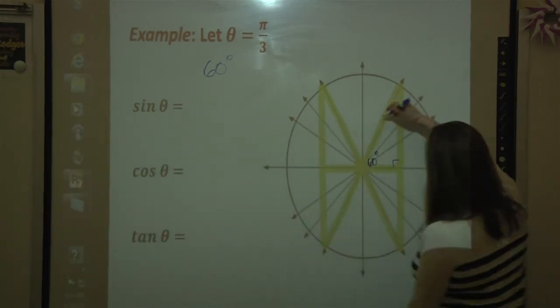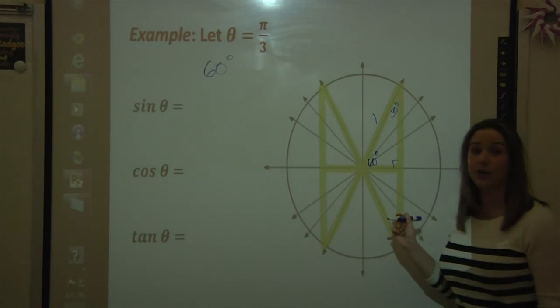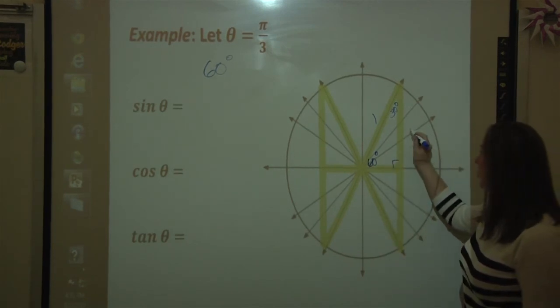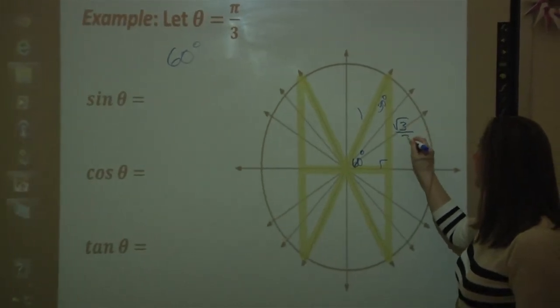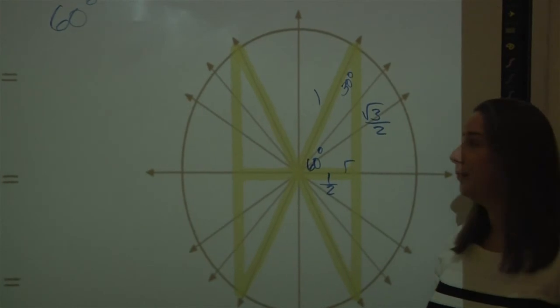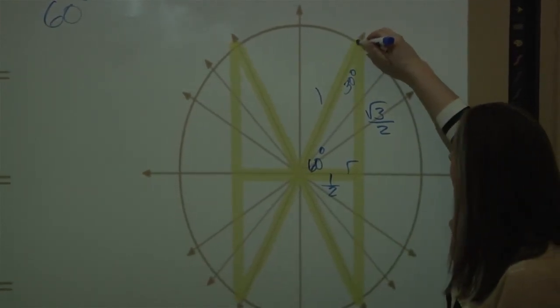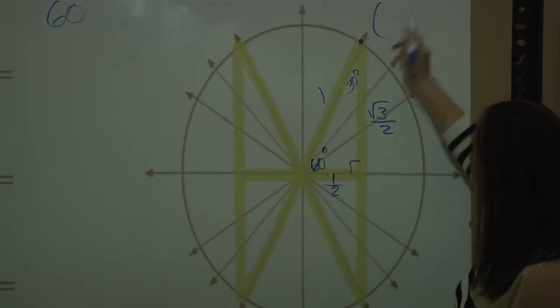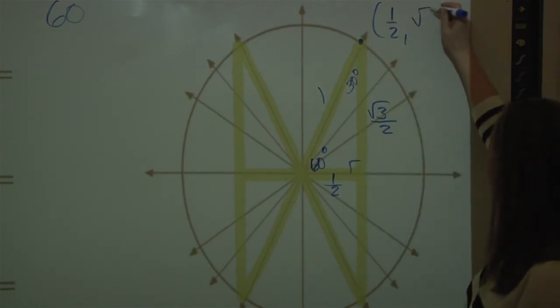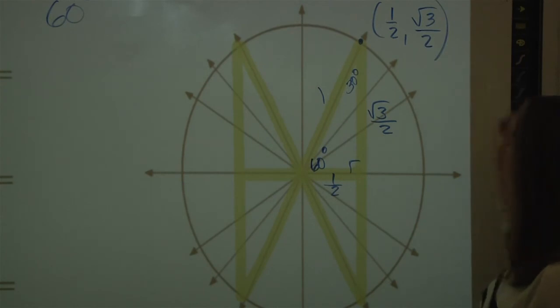Across from the 90-degree angle is 1, which is our radius. Across from our 60-degree angle is going to be radical 3 over 2. Across from our 30-degree angle is going to be 1/2. So if I think about my xy ordered pair, my x value is going to be 1/2, and my y value is going to be radical 3 over 2.